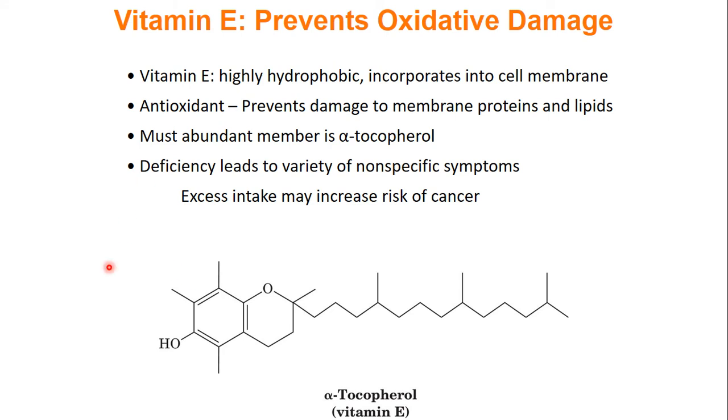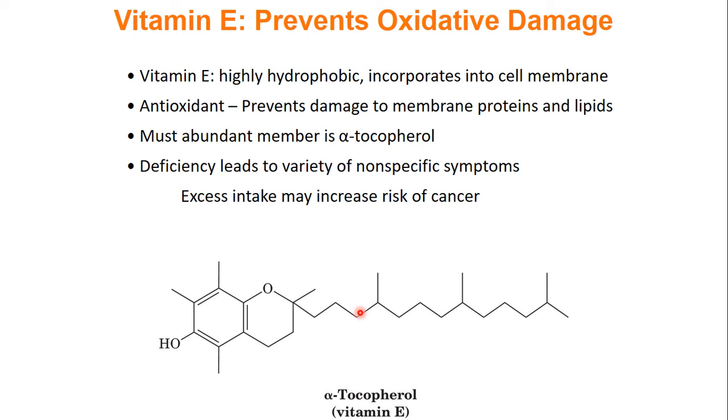Vitamin E, another vitamin, is highly hydrophobic, and so this will be found in the cell membrane again. And this is an antioxidant. We talked about antioxidants in the last video, but this is an antioxidant for the membrane, lipids, and proteins. This will help absorb any free radical oxygen so they don't harm your cell membrane lipids and they don't harm your cell membrane proteins.